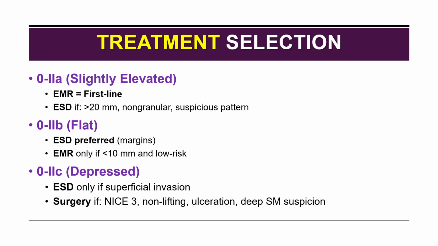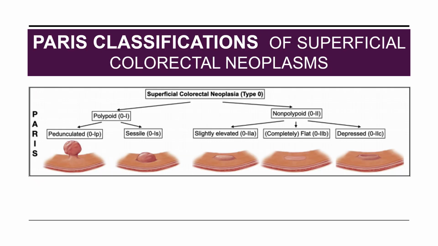EMR only if the lesion is less than 1 centimeter. ESD only in superficial invasion. Surgery if NICE 3 or non-lifting sign, when you try to lift it and it doesn't lift, or ulcerated or deep submucosal invasion.